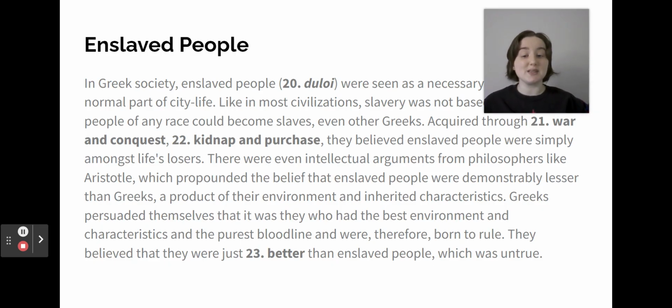Greeks persuaded themselves that it was they who had the best environment and characteristics and the purest bloodline, and they were therefore born to rule. Simply put, they just believed that they were better than the enslaved people, which was untrue. The enslaved people were just as equal as they were. They just chose to enslave them.